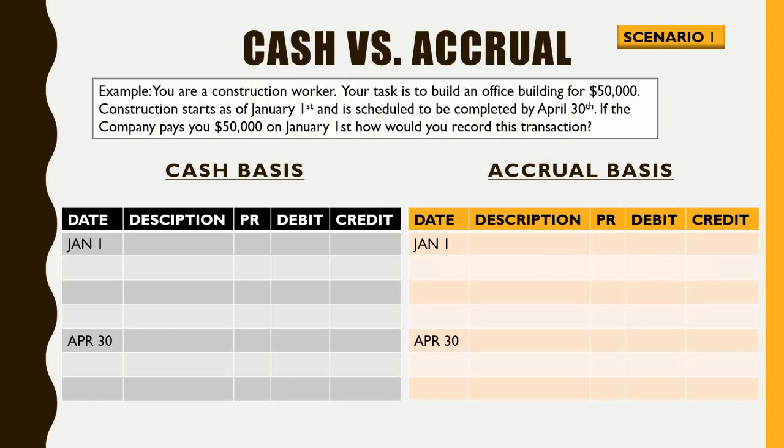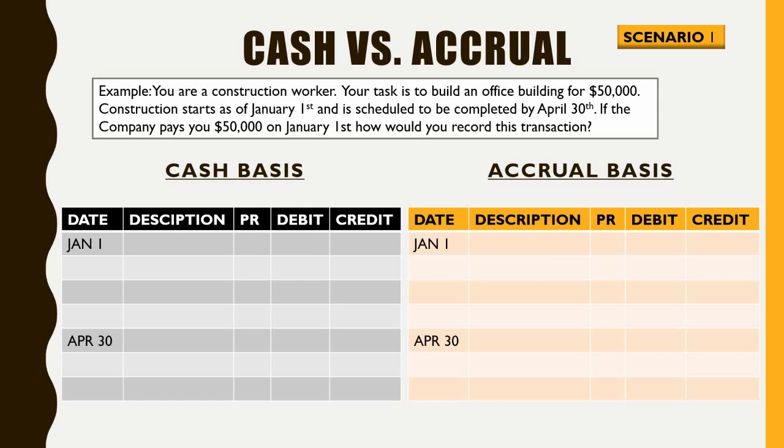All right, so let's take a look at an example, so this makes more sense. You are a construction company, and your task is to build an office building for $50,000.